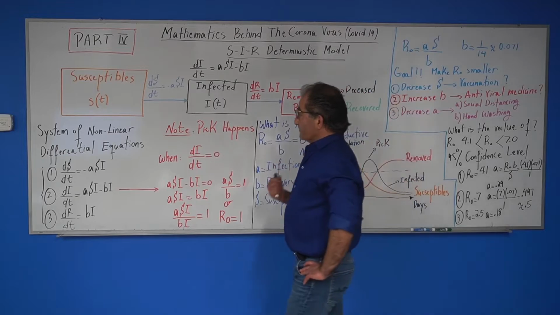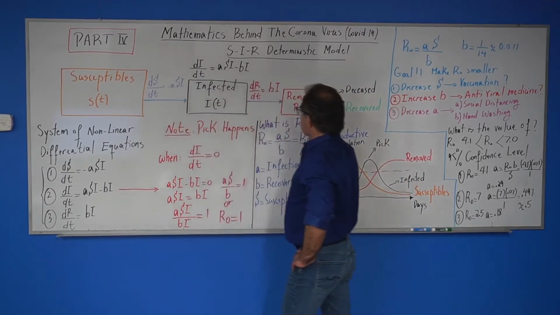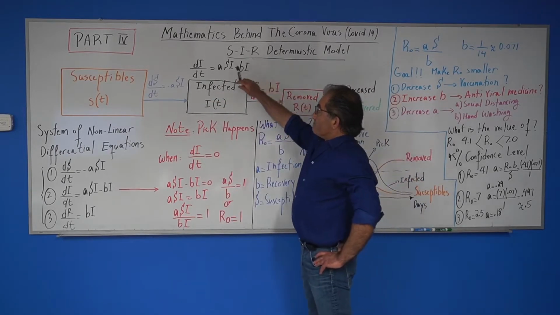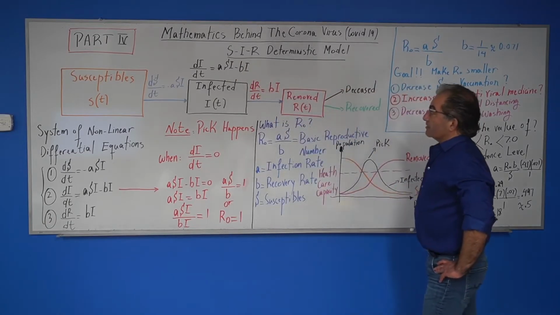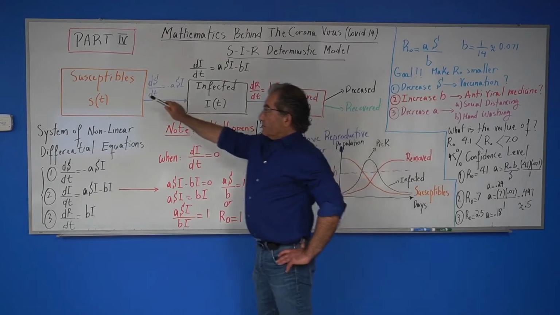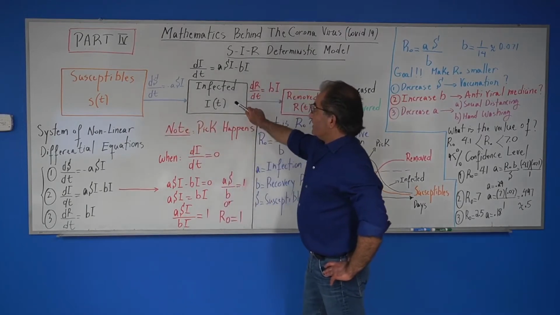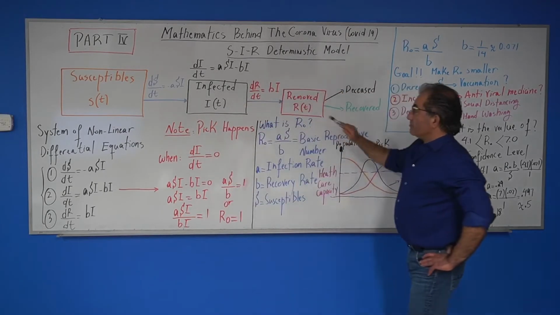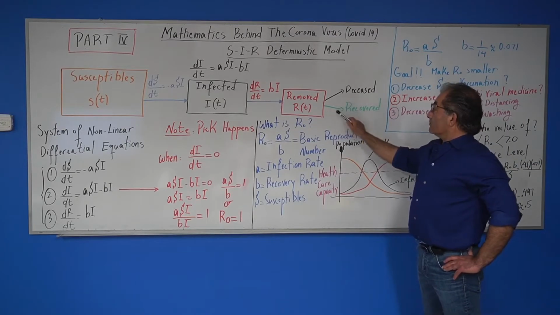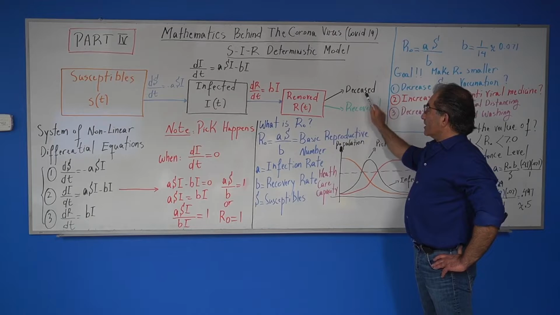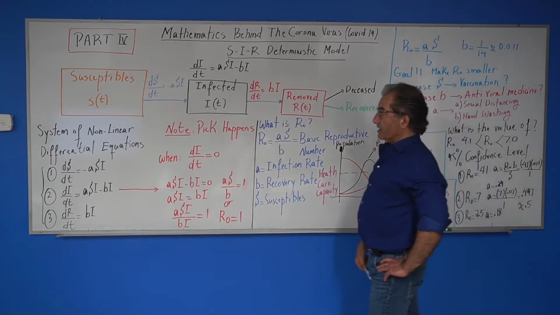I said it's divided in three compartments, and I told you this is an SIR deterministic model. What is SIR? Susceptible people, infected people, and removed people. Removed people are people who can recover or who can die, and we want to prevent that.